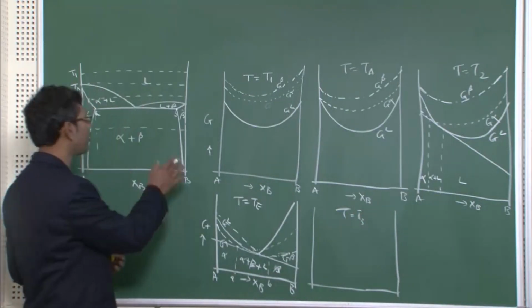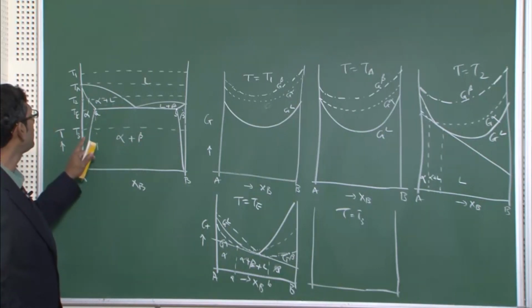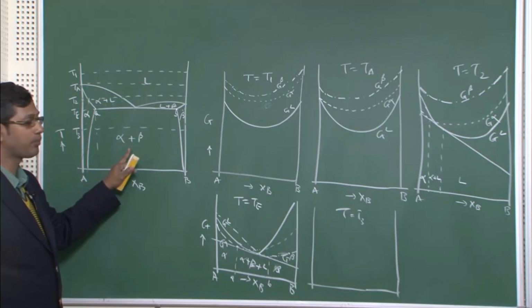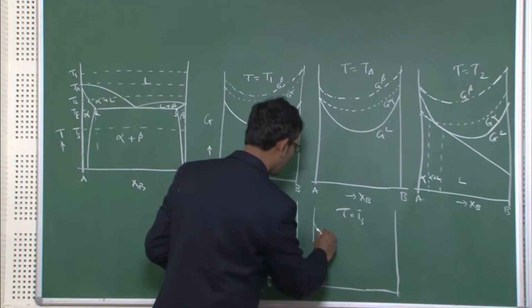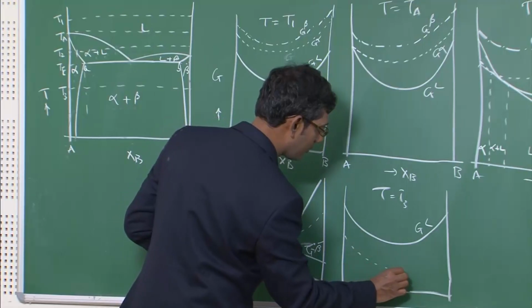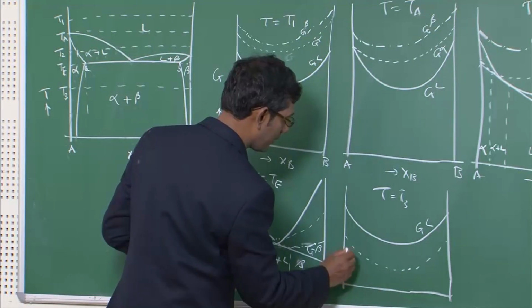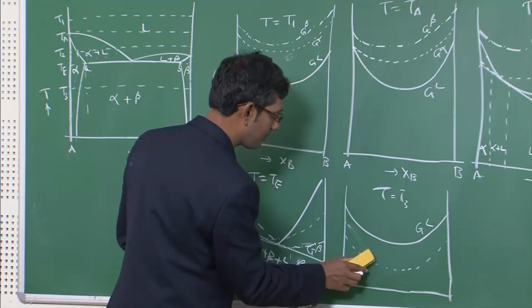At T3 liquid is not stable at all, at this temperature only alpha and beta are stable, but there is a two phase field alpha plus beta, therefore the alpha and beta free energy curves will cross over. So liquid will be above, GL, then alpha, okay, and then beta is different.